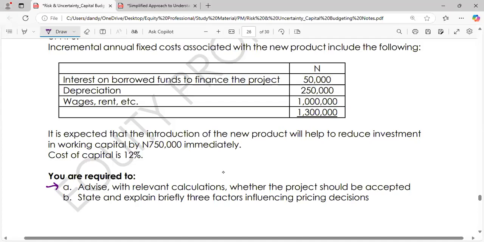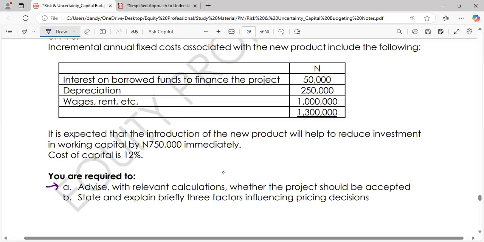So except the examiner says otherwise, whenever you are asked to appraise, evaluate, advise, there is no other technique you are expected to use other than the net present value. You can only solve for internal rate of return, payback period, or accounting rate of return if the examiner is specific that you should use those techniques. Other than that, it has to be NPV.